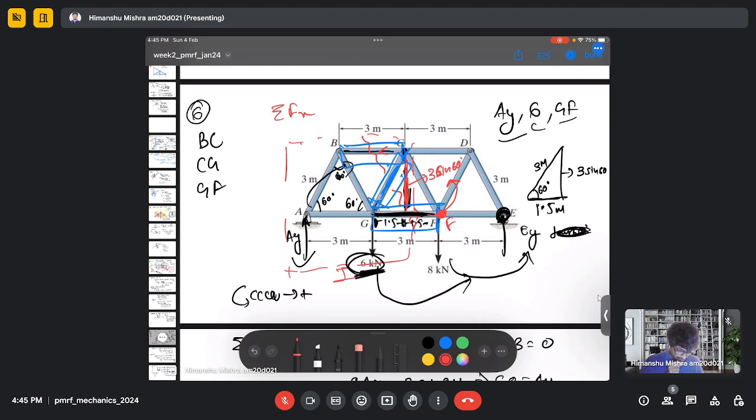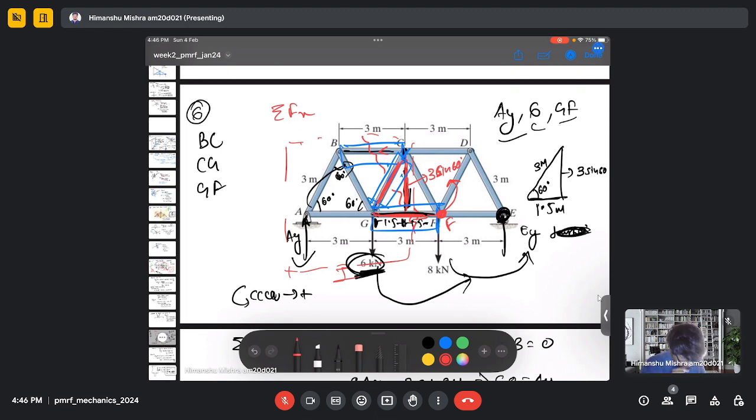So let's take the moment, because there is only one force in the x direction, and that is due to this member GC. Yes, we also have GF. But let's do the moment balance.